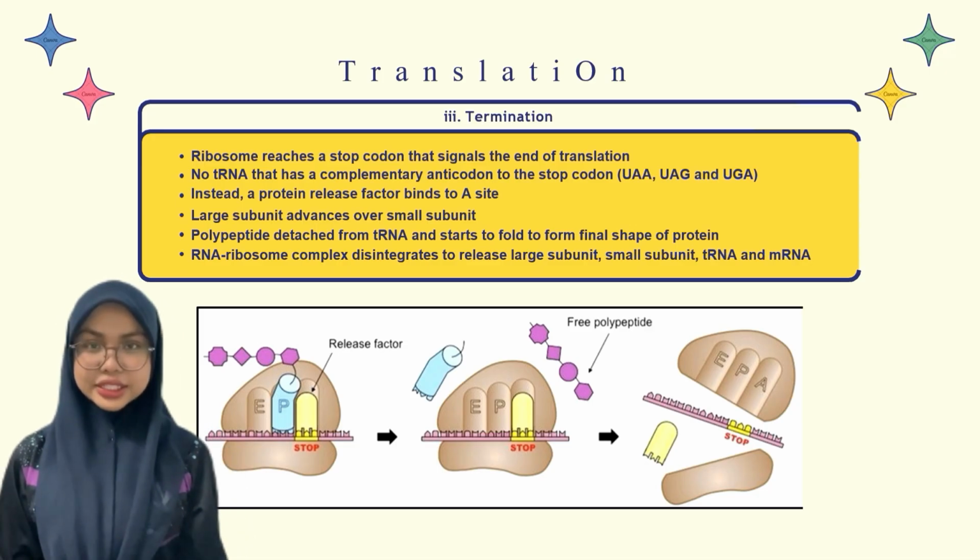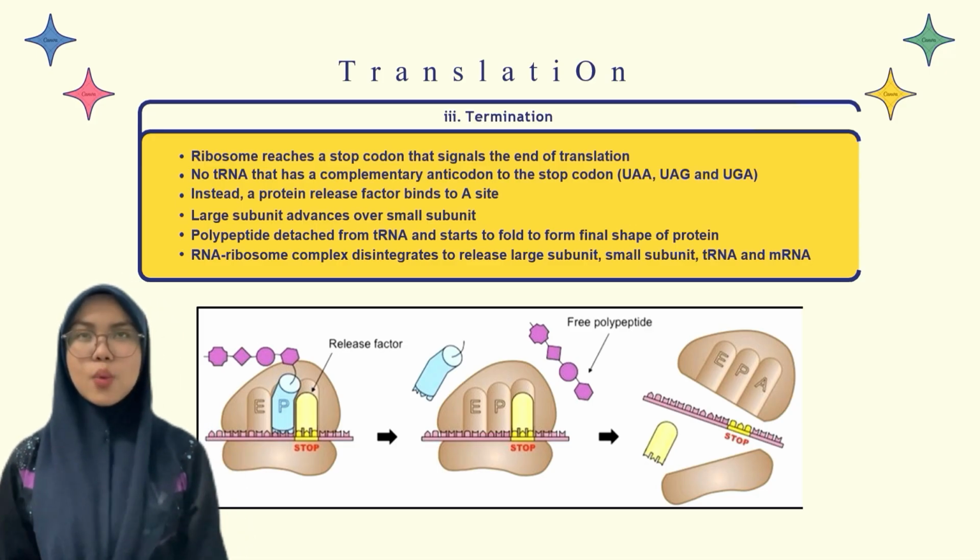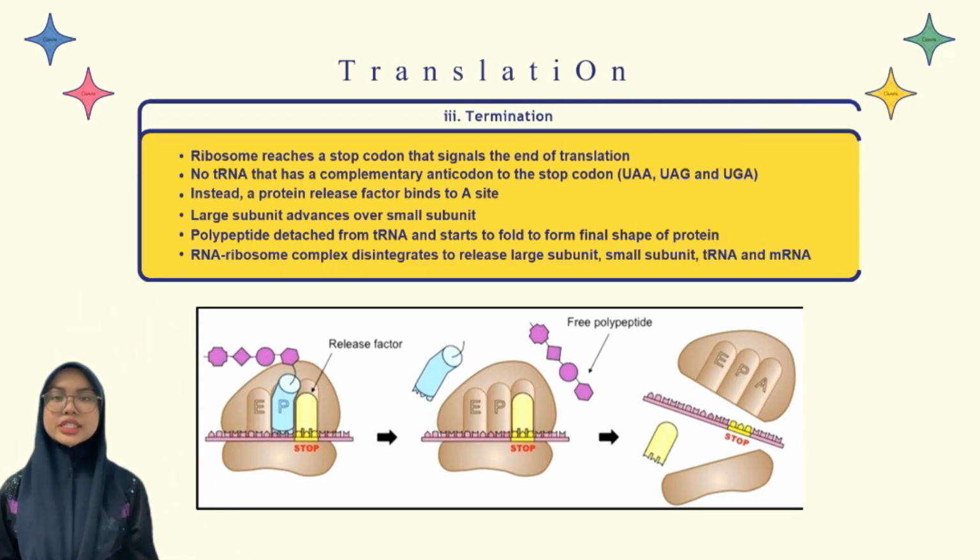In translation, termination occurs when a ribosome reaches a stop codon on the mRNA. The stop codons are UAA, UAG, and UGA, and there are no tRNA molecules with complementary anticodons for them.